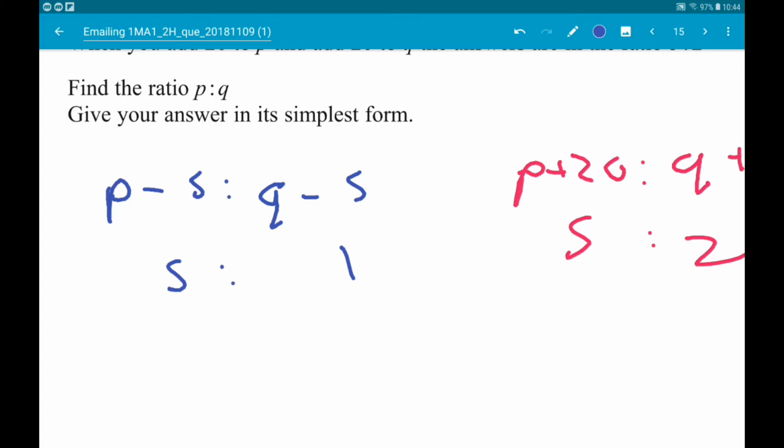So we're going to need one lot of P minus 5. Now, to turn 1 into 5, we need to multiply it by 5. So P minus 5 is equal to 5 lots of Q minus 5.